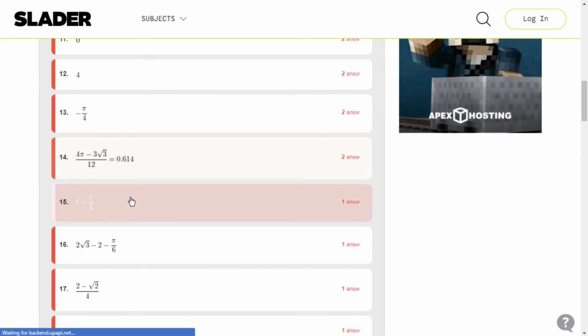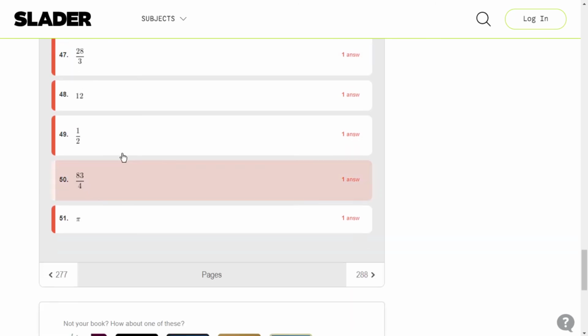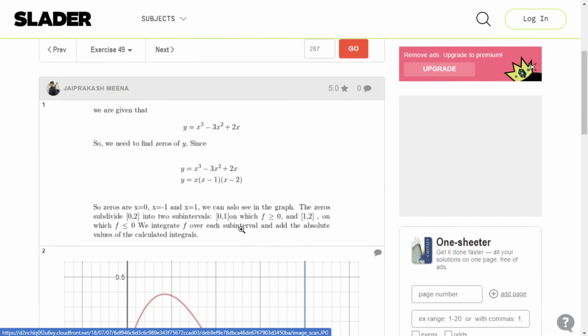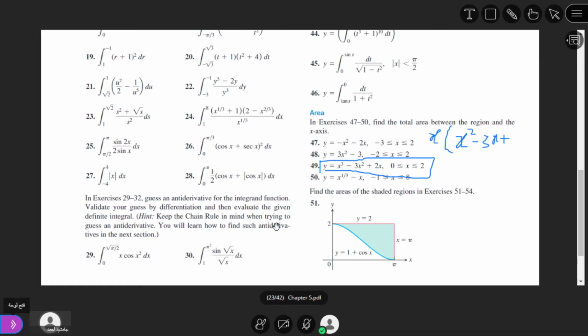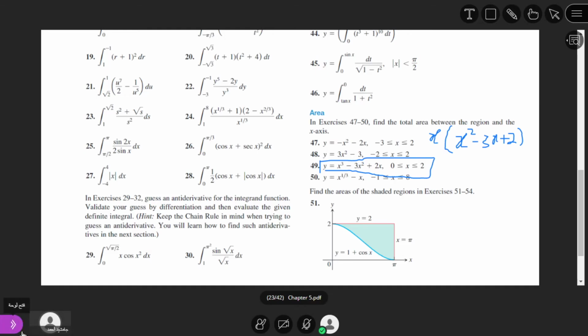Whenever we take x as common, this will become x into x square minus 3x plus 2. Whenever we factorize x square minus 3x plus 2, how can we get this?